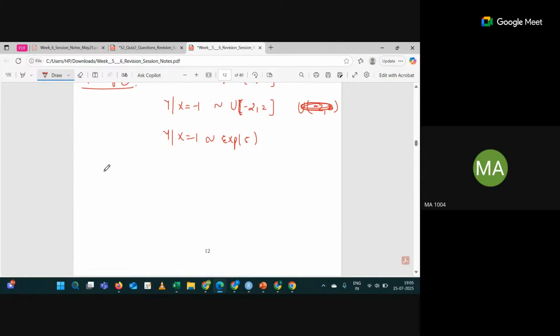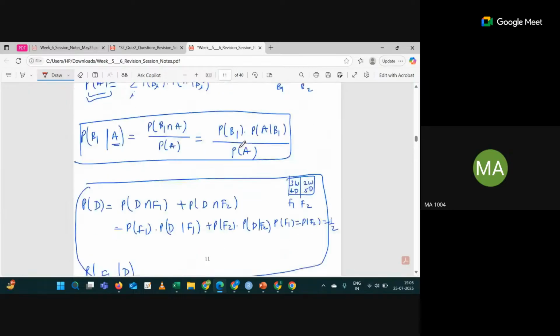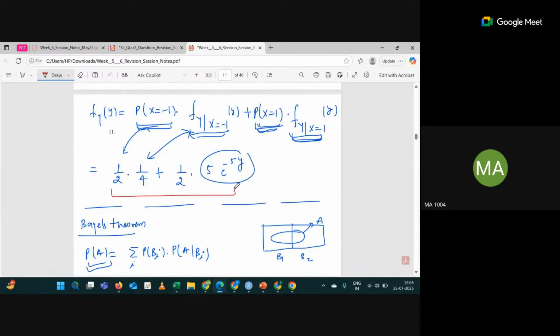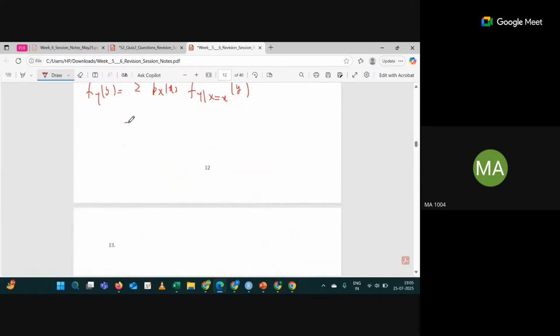And then we calculated Fy of Y as the summation of marginal probabilities of X into conditional densities, right? This is something we calculated, and we got these two parts, correct? 1/2 into 1/4 plus 1/2 into 5 e raised power minus 5y, correct?